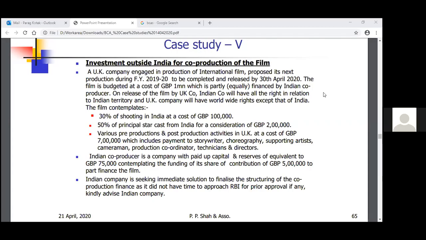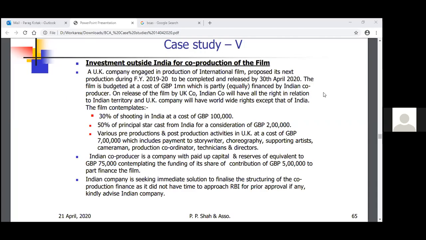Another question which comes to my mind as a solution is, if I'm supposed to spend 300,000 in India and 700,000 in UK, can I say that 300,000 I will pay in India and therefore I don't require to send money abroad for the 300,000? But 500,000 is to be spent.